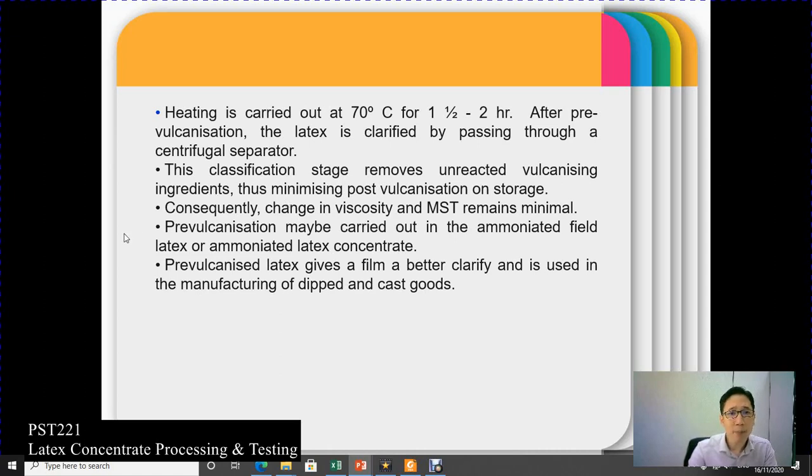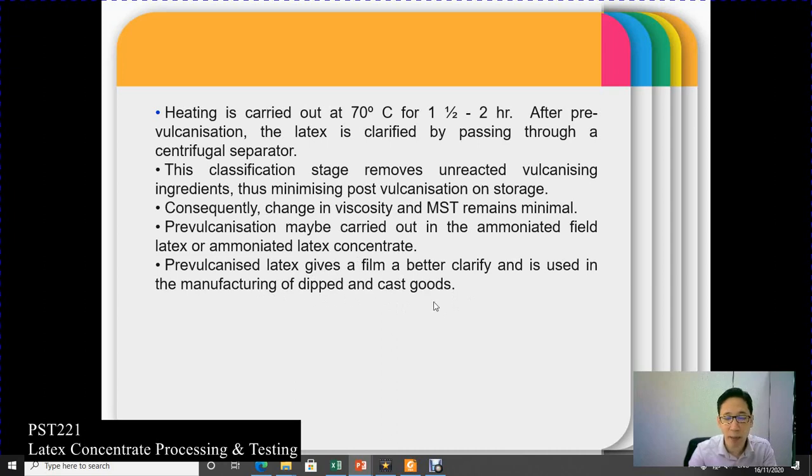And then the pre-vulcanization may be carried out in the ammoniated free latex or ammoniated latex concentrate, so either free latex or concentrated latex. So either way, but the important part is ammoniated. Okay, so you need to preserve it before you can produce it. Pre-vulcanized latex gives films a better clarity and is used in the manufacturing of dipped and cast goods.